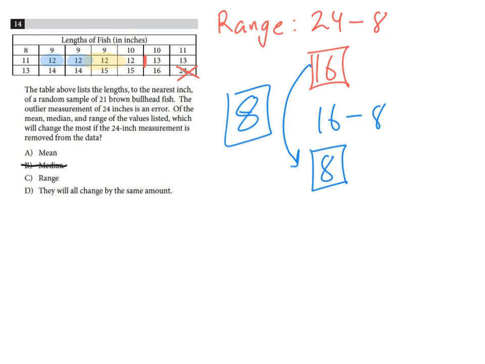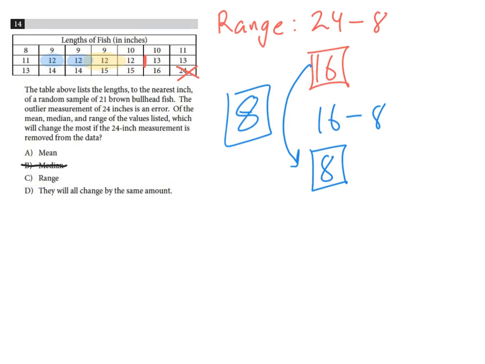Now, if we take away 24, the mean is going to be between 8 and 16. So the new mean has to be in the range of 8 to 16, so it's going to go down. Therefore, it has to be in the range of 8 to 12 or 8 to 13. It's not going to go down by that much.